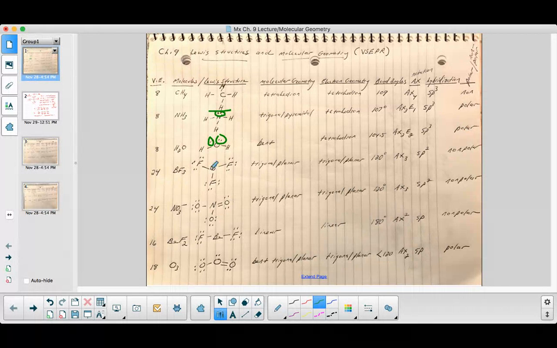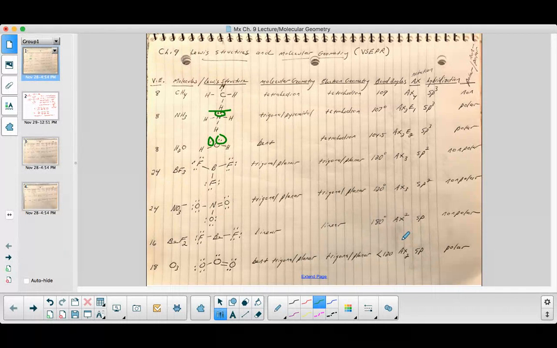And so now I go through and I develop, we did many of these molecules in our last chapter, but here are the names for each of those molecules. Here are the electron geometries for each of those molecules and bond angles, and then your AX notations.